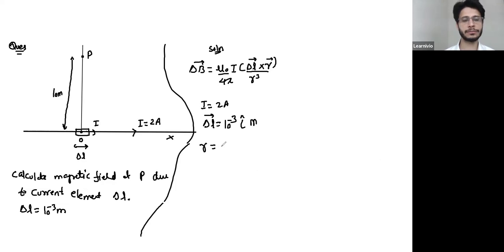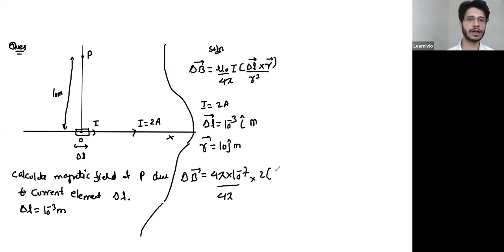How much is R in this calculation? 10 meter. Direction of R? J, yes, we can use J capital. And your current is 2 amp. I can substitute all values here, right? So your delta B will be mu naught, which is 4 pi into 10 raised to the power minus 7, by 4 pi, into I, your current, which is 2.